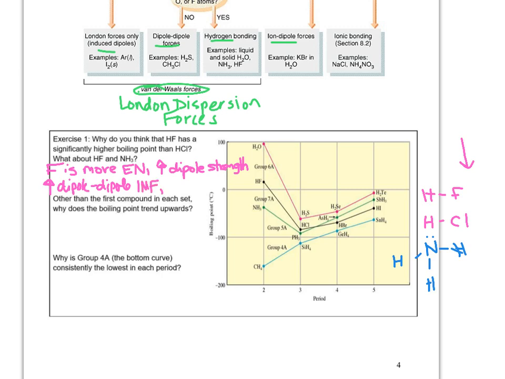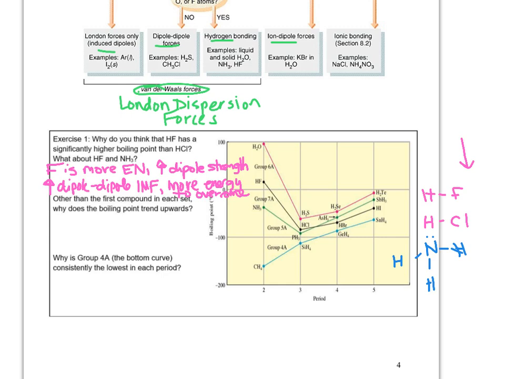And then that's going to take more energy to break, to overcome. So since it takes more energy to overcome it, it's going to have the higher boiling points. So it has to do with the strength of that dipole.